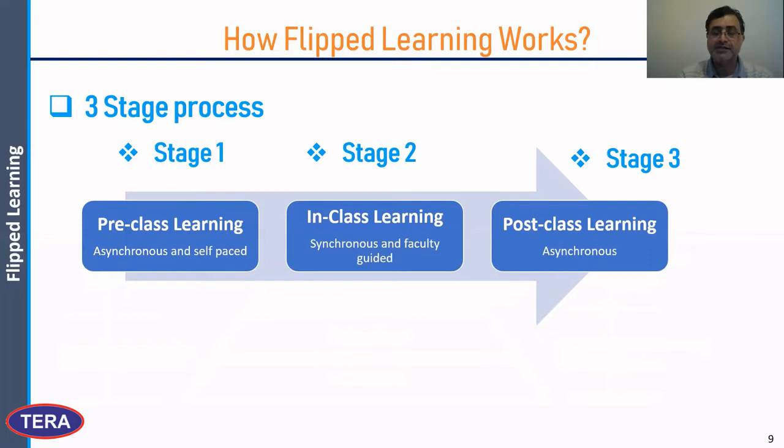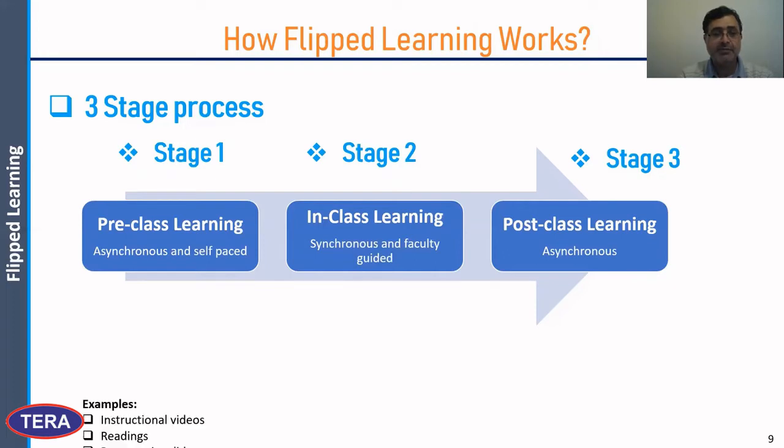And the third stage is post-class learning, which is asynchronous. In the pre-class learning, flip learning focuses on the bottom one-third of Bloom's taxonomy, that is tasks related to remembering and understanding. The students then work on these tasks on their own, prior to the class, through structured activity.